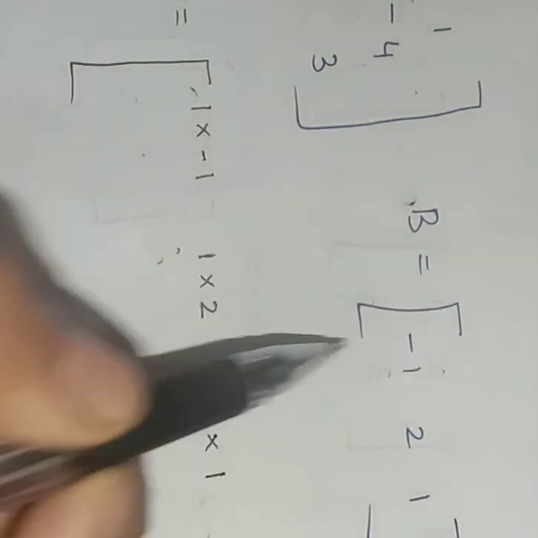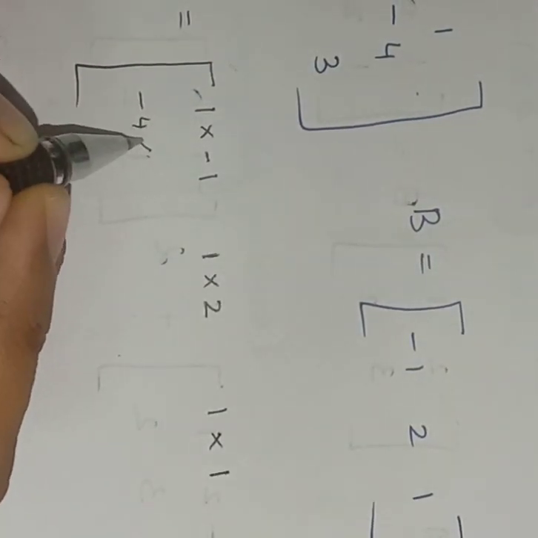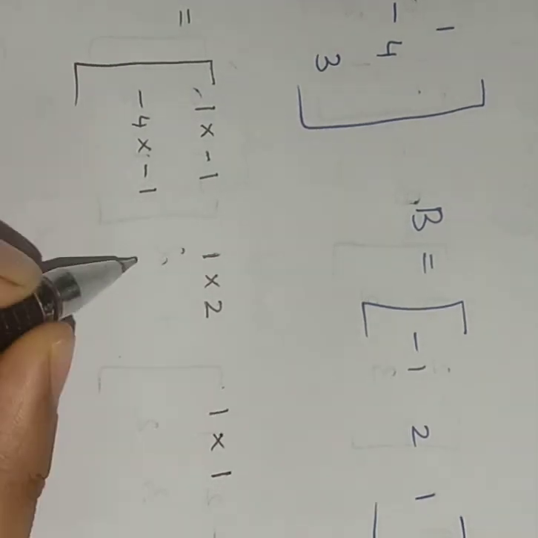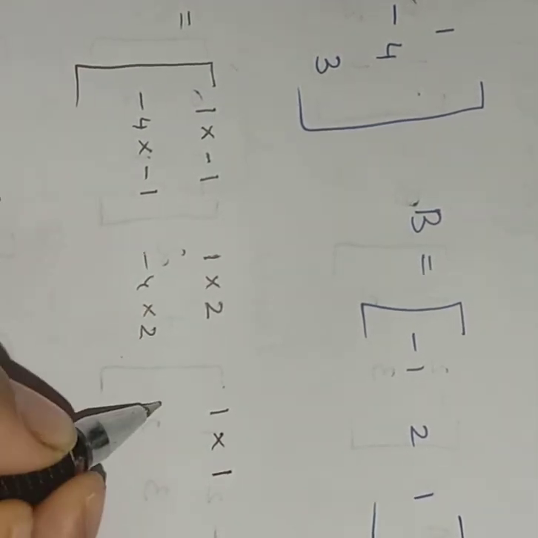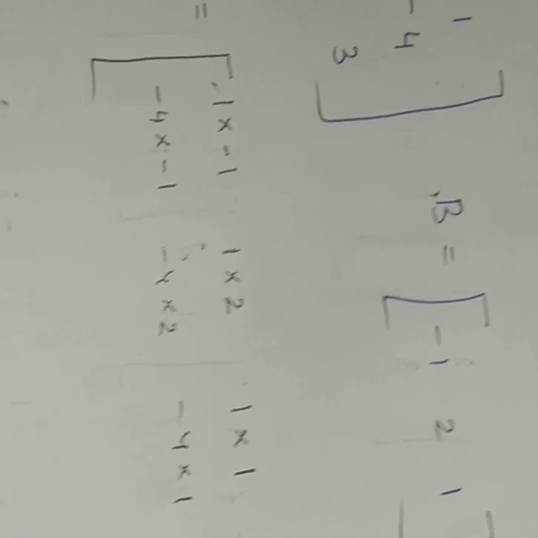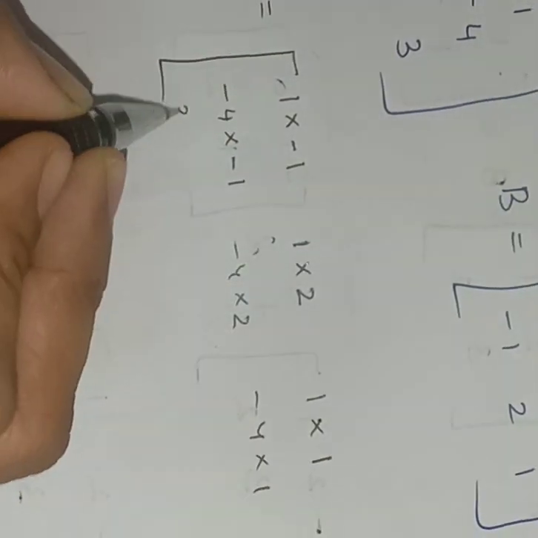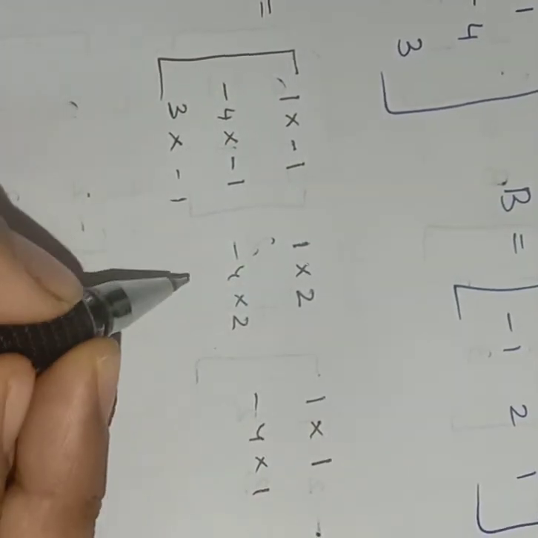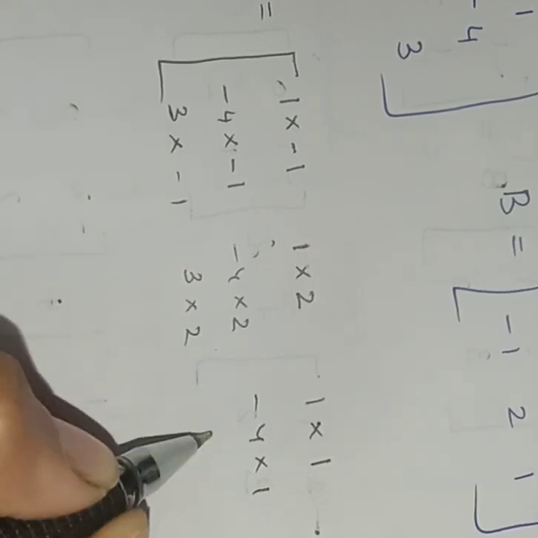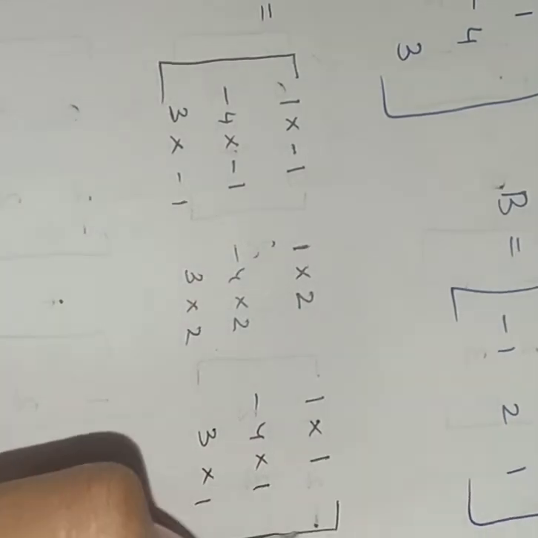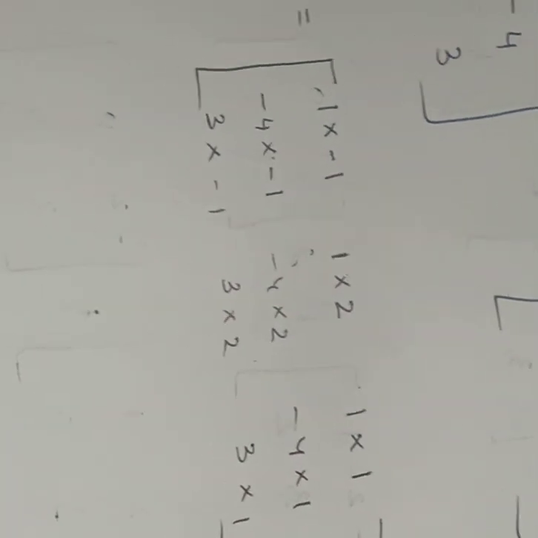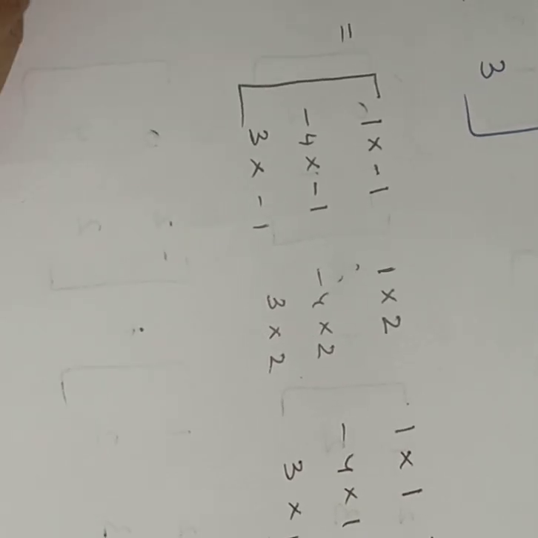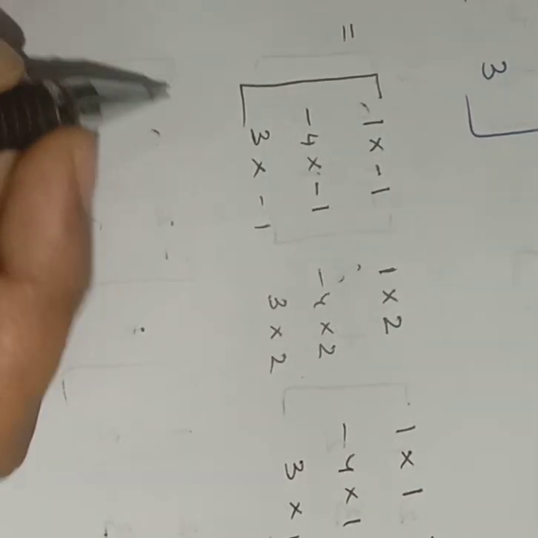Next, second row, first column: minus 4 into minus 1. Minus 4 into 2. Minus 4 into 1, right? 3 into minus 1, 3 into 2, 3 into 1. Normal multiplication, what we have seen in the last class. See, now this is your AB.